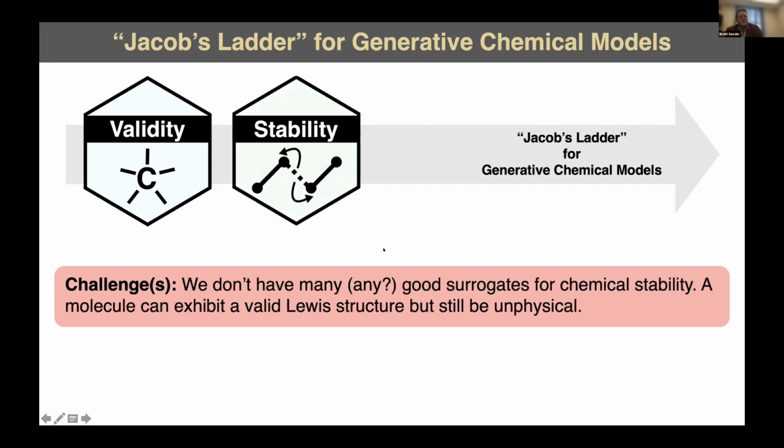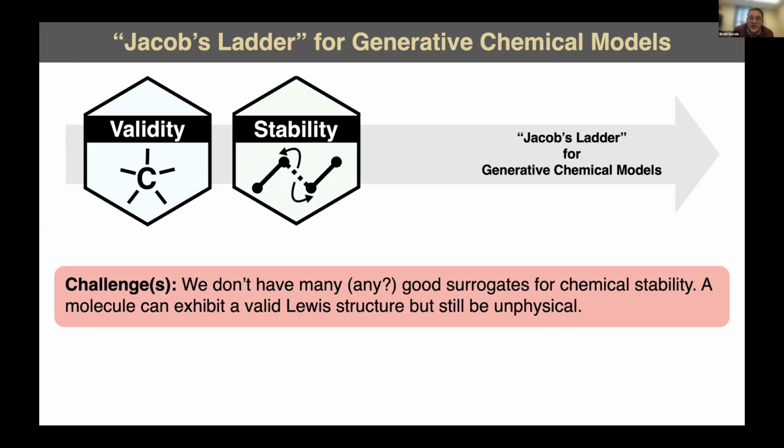The second problem is stability. We don't actually have many good surrogates for chemical stability. When I'm wearing a different hat, this is my hobby horse, okay? Methods to predict chemical stability, whether it's acid-base stability, photostability, thermal stability, there are many definitions of stability. I think about that a lot.